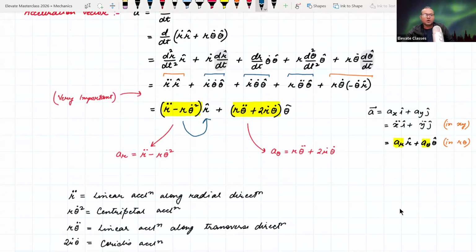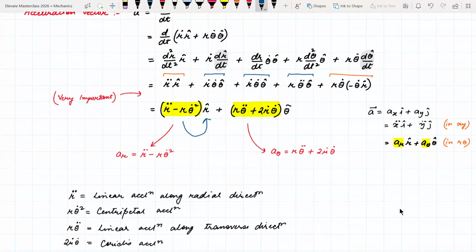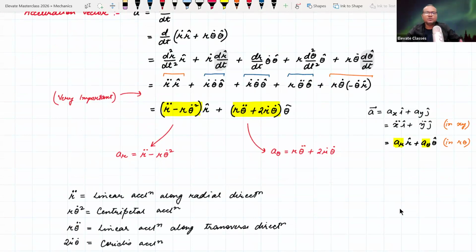What is the direction of r double dot? It's r cap. Yes, right. And r theta dot square? It's r cap only, na? It's the component of r cap only, na? Okay. Are you understanding? So what happens is that there is a certain magnitude of acceleration that is associated with a particle which is moving along a circular trajectory.